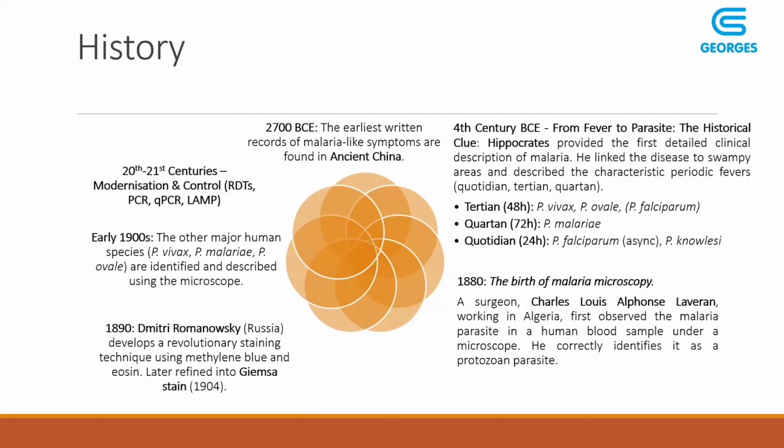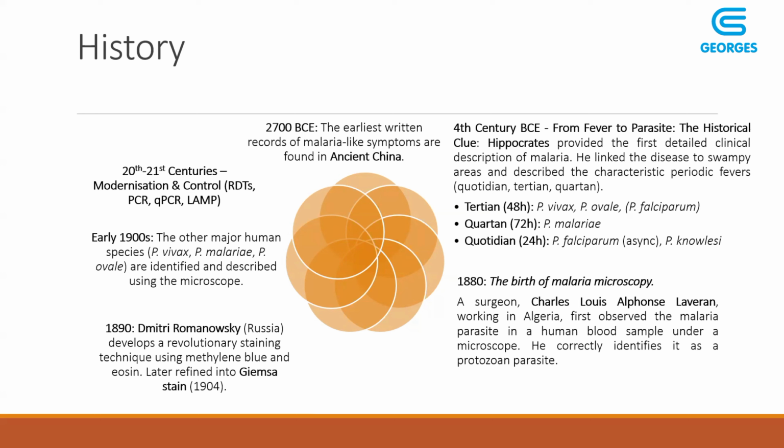And then we have fevers that are experienced after 48 hours. These are most commonly characteristic of P. vivax, P. malariae, and sometimes P. falciparum. So these fevers happen when the parasites are released from the liver into the bloodstream. That is when someone experiences these fevers. And then after 72 hours, we have P. malariae.